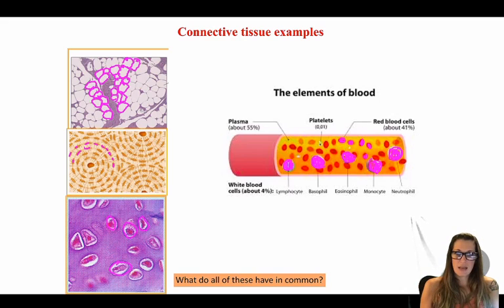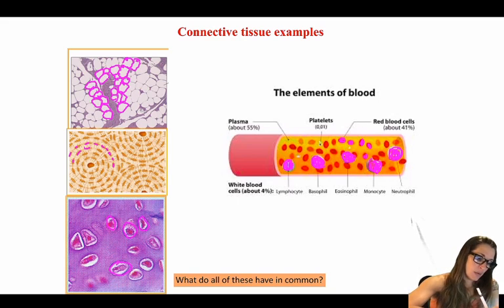What all these types of tissues have in common is that the cells in every single tissue type are surrounded by non-living stuff. Right here. It's not like many other types of tissue where you have cells all packed together.